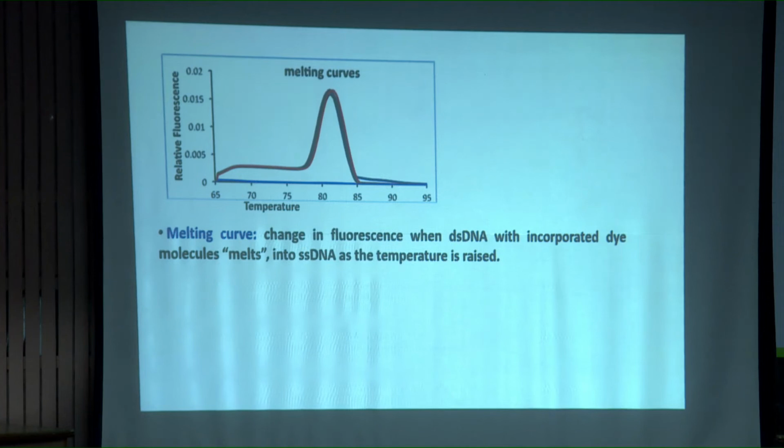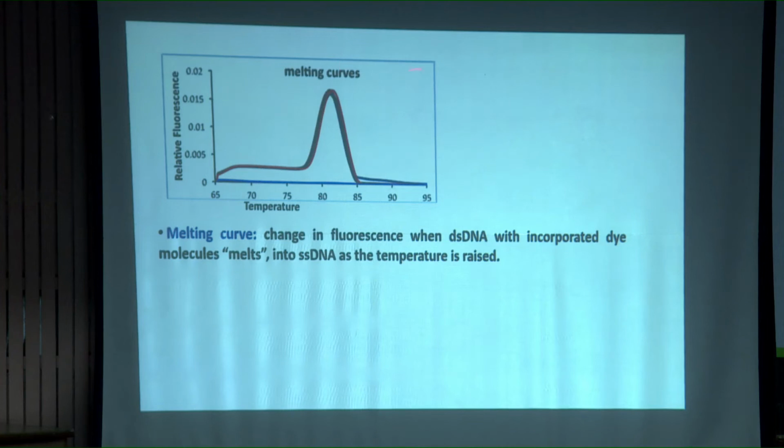It's so important. You should get a single melt curve, as seen here, right? What's happening here? The DNA which accumulated the fluorescent dye becomes two single-stranded DNA at a particular temperature. We know what the temperature is, right? Around 80 and above degrees Celsius, it becomes single-stranded. So when it becomes single-stranded, what happens? The bound dye comes off, and there is a drop in the fluorescent signal.